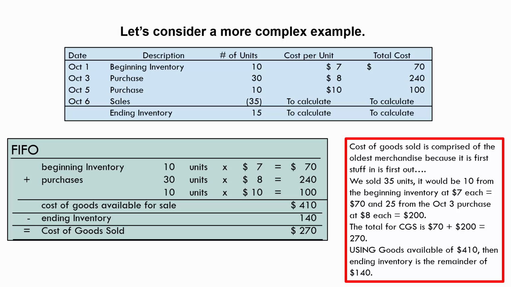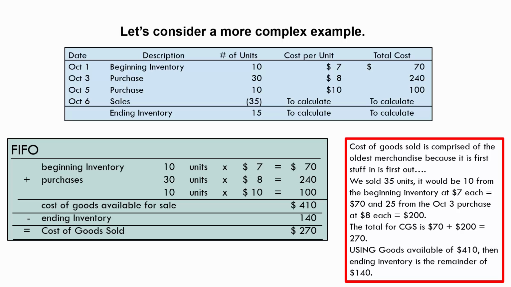So if we sell 35 units, we will use up these 10 units up here, and then we will use up 25 of these which we purchased on October 3rd, and that will be our additional amount. So now the 10 plus 25 of this group here would show up in cost of goods sold.